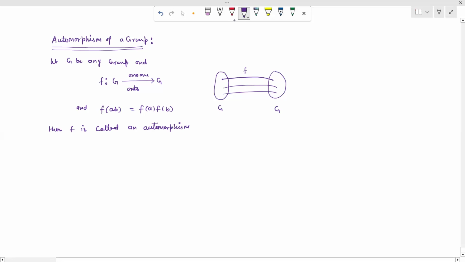Now we move to the next definition, that is inner automorphism. There are two types: one is inner automorphism, the second is outer automorphism. That which does not follow the inner automorphism is the outer automorphism.